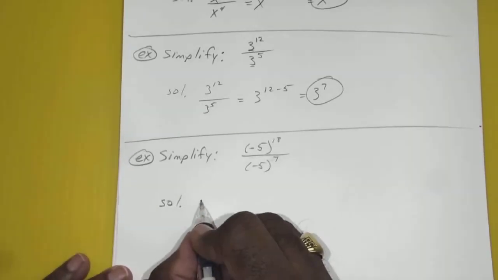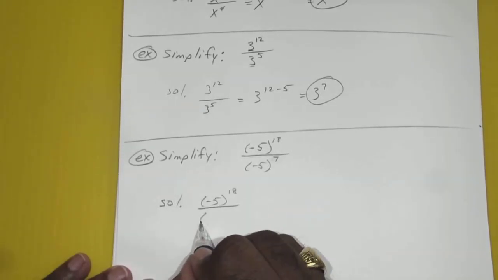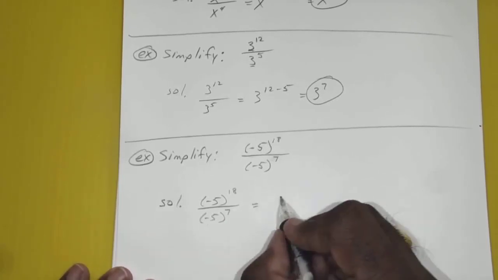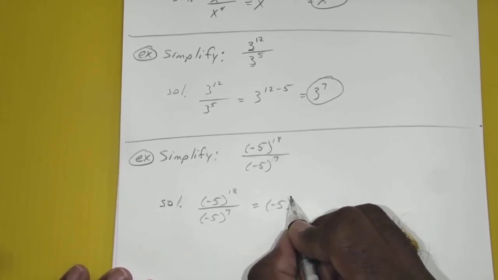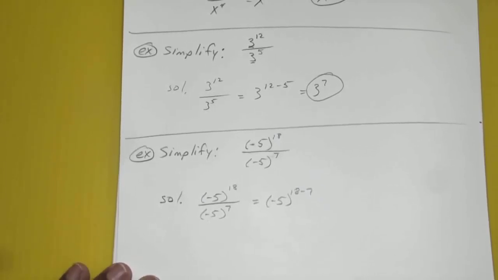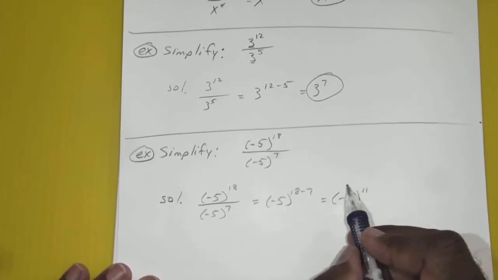Okay, so we have negative 5 to the 18th power over negative 5 to the 7th power is just negative 5 to the 18 minus 7th power, which is negative 5 to the 11th power.